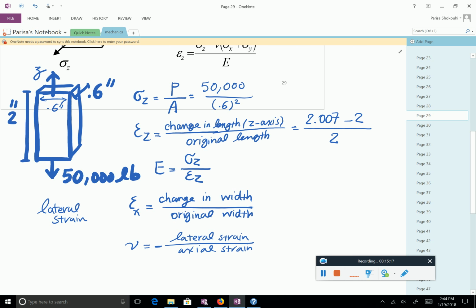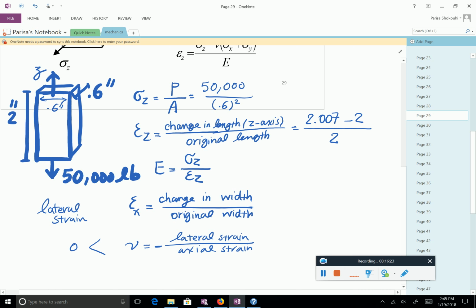Poisson's ratio is always between 0 and 0.5.